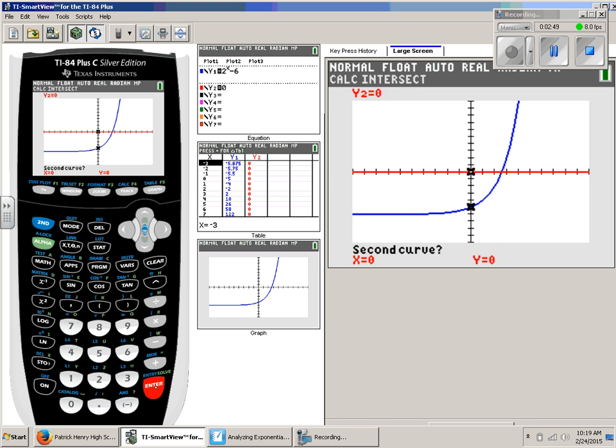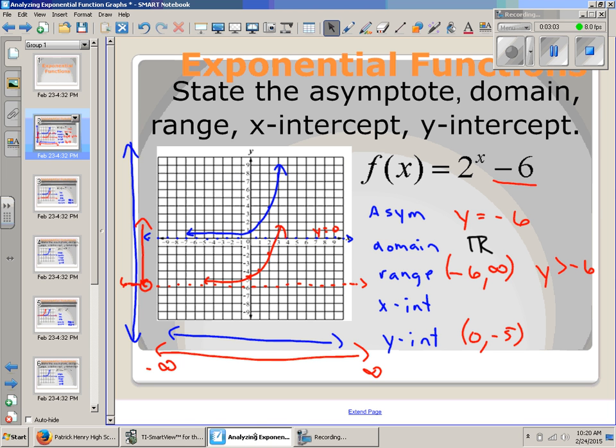So I did second trace 5. So here, my calculator has rounded this, so I want to round it to 1 decimal, so 2.6. So the ordered pair (2.6, 0) is my x-intercept.